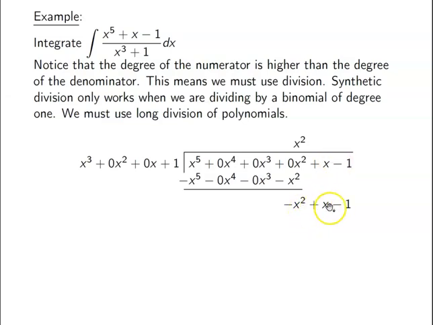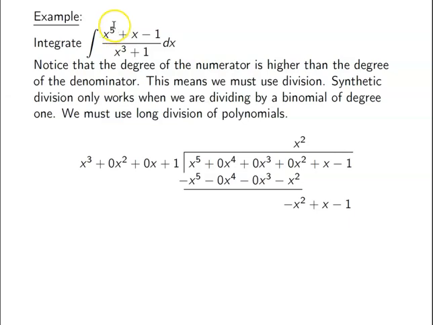So this is the next number I'm trying to evaluate. I say, how do I go from x cubed into x squared? I don't. There's nothing for me to multiply times x cubed to get to x squared. It's a lower degree. I'm only trying to work upwards, since I'm dividing here. So I'm done.